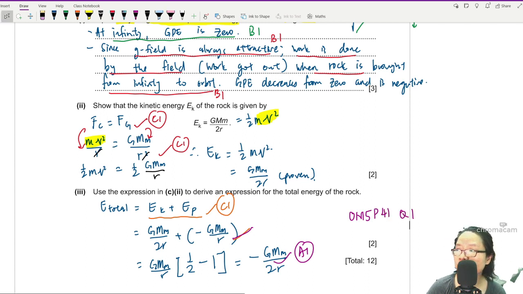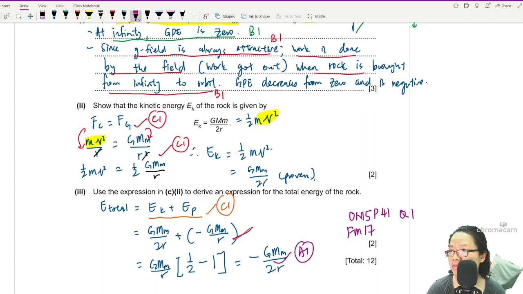This is a suggested question that you can try. Give it a look-see if you want to practice your idea of gravitational potential energy. And Feb March 17, paper 42, question 1. So that's it for question 1 from Feb March 21.